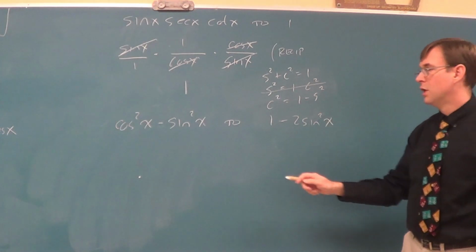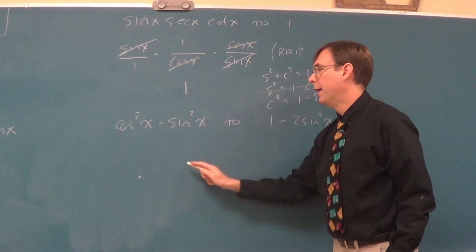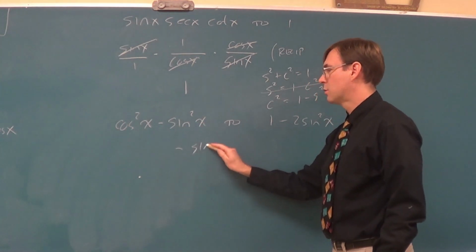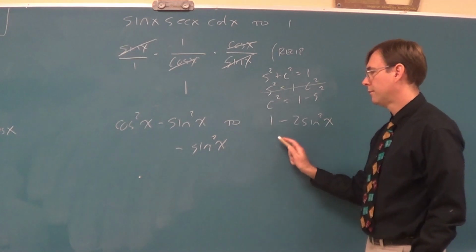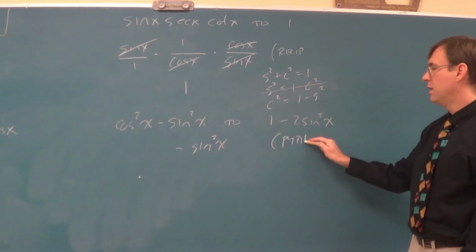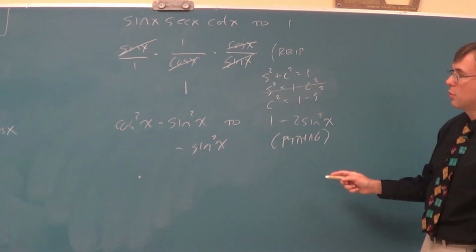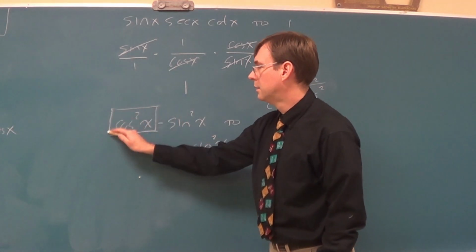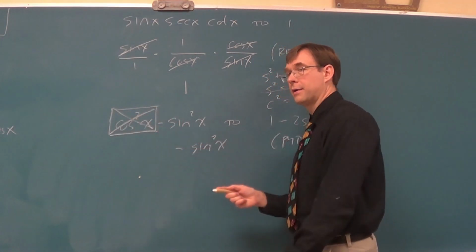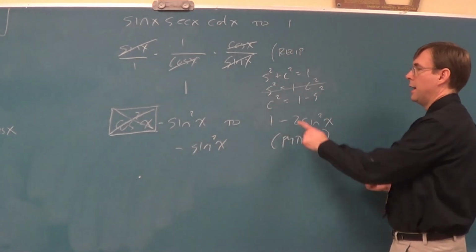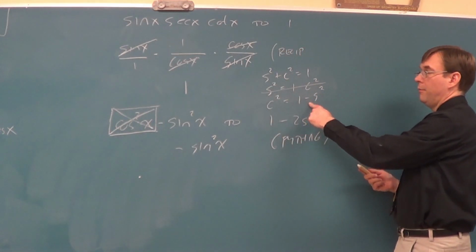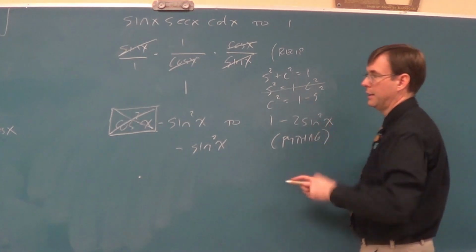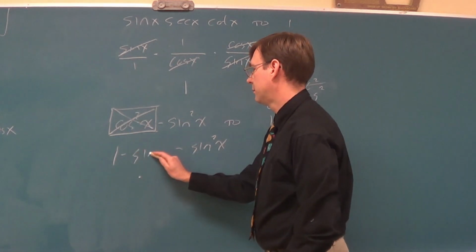Agreed. So what I need to do with this one is the minus sine squared is fine. I'm going to need to do the Pythagorean properties to make a replacement for this. Cosine squared can go out, and in its place can come, what we just decided here is 1 minus sine squared.